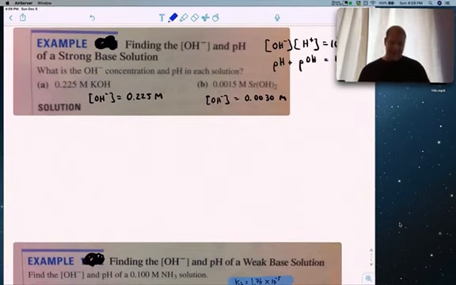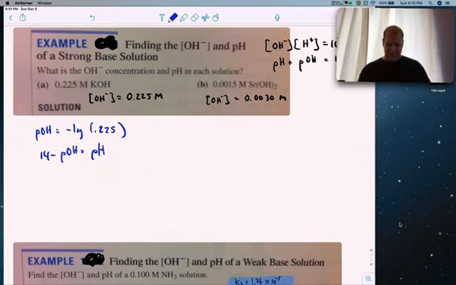What is the hydroxide ion concentration and pH of each solution? So first one, A, 0.225 molar potassium hydroxide. That's easy. Potassium hydroxide is just plain old hydroxide, so the hydroxide ion is 0.225 molar. I like to do the pOH way. The pOH is minus log of 0.225, and then 14 minus the pOH is equal to the pH for that one.